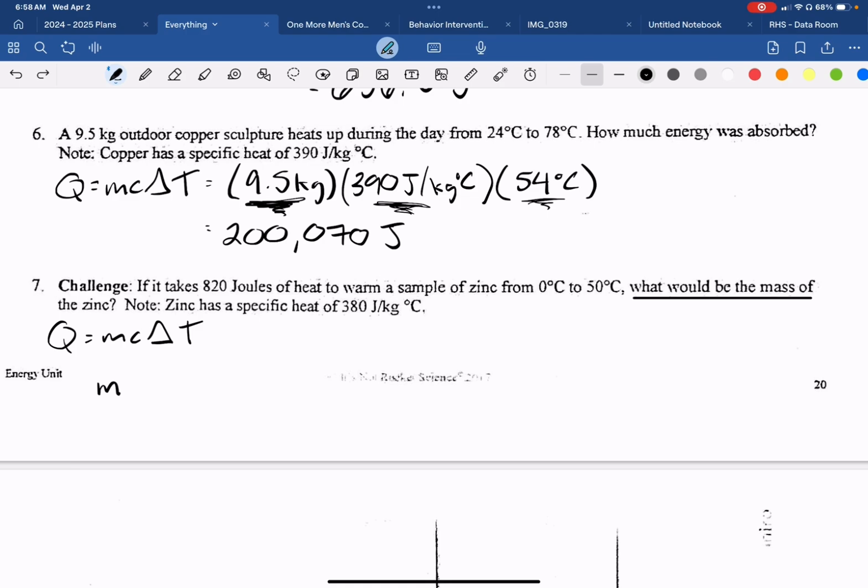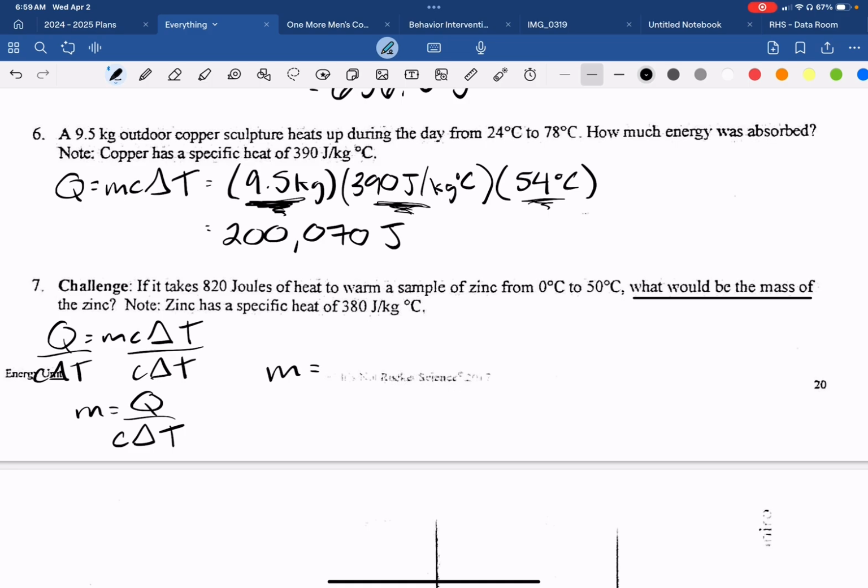Well, to do that, I need to get everything else on the other side of the equation. So I need to divide by the specific heat constant and the change in temperature. So M is going to equal your amount of heat divided by your specific heat times your change in temperature.